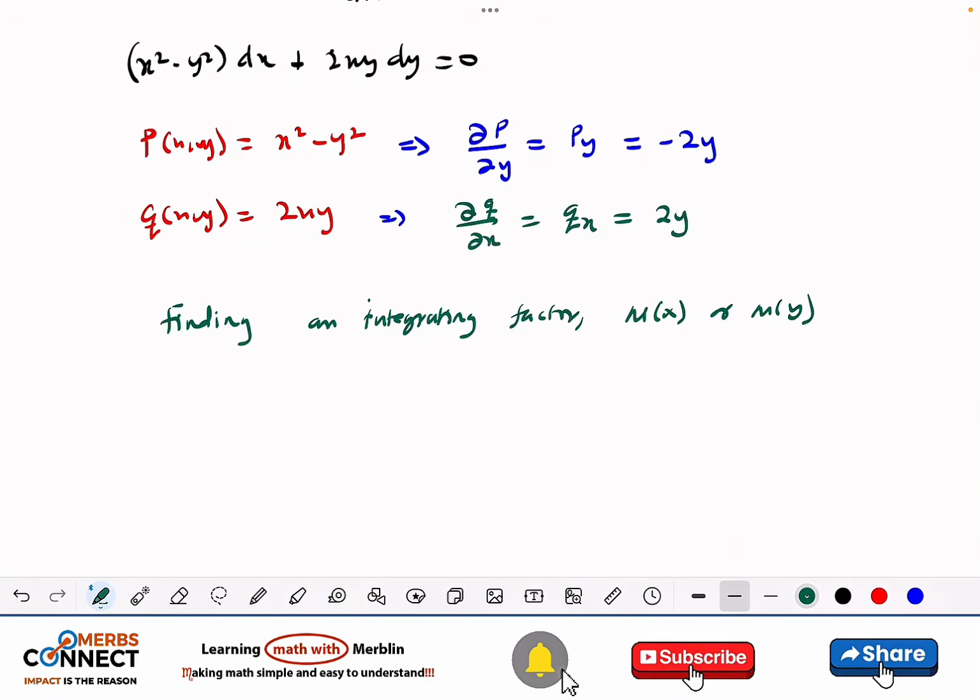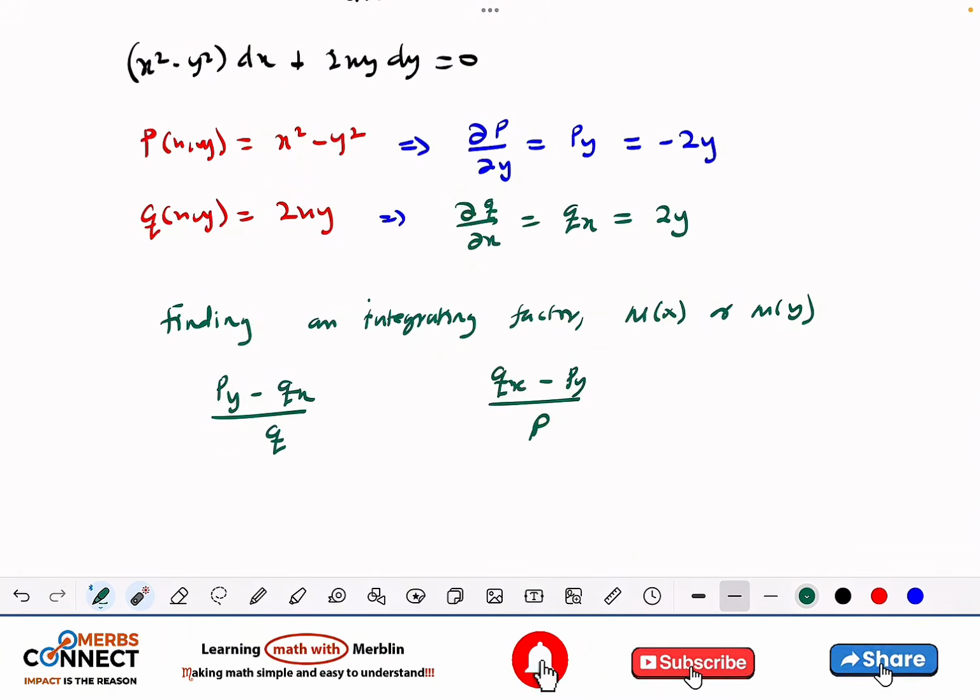The first thing that we need to remember is these two forms. One, p of y minus q of x divided by q, right? And then we have another one which is interchanging it: q of x minus p of y divided by p. This is what we need to do to find out which one is going to give us a function of only one variable.